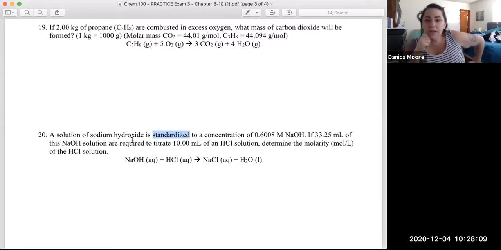Because of that, you can't get an accurate mass for sodium hydroxide. You have no idea how much of what you're weighing out is sodium hydroxide and how much of it is water. So you make a solution and then you standardize it against something that you know the concentration of, or that you know the amount of. That's what this problem is. Again, it's not important to being able to solve the problem, but helpful in not freaking you out.